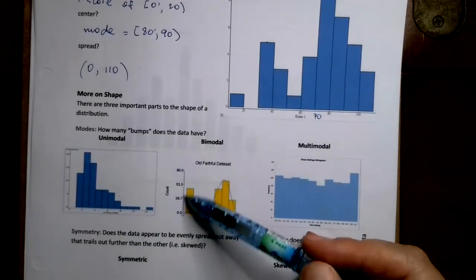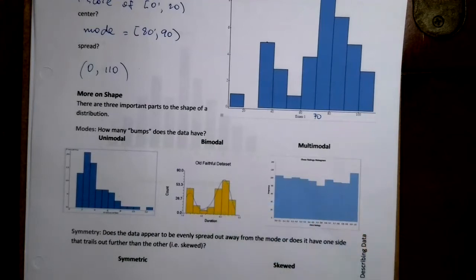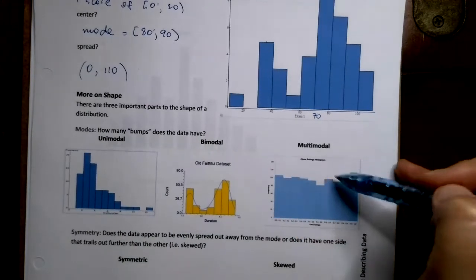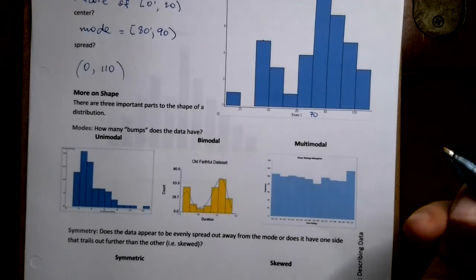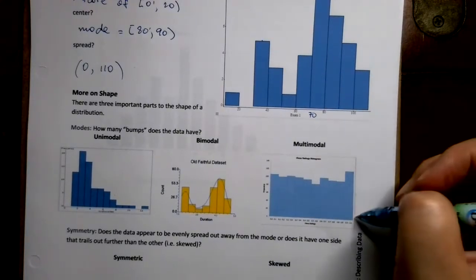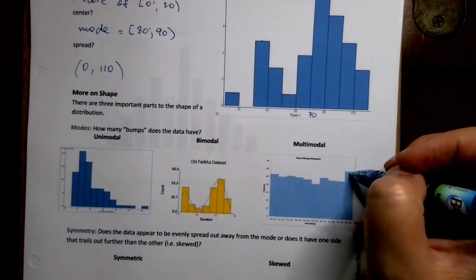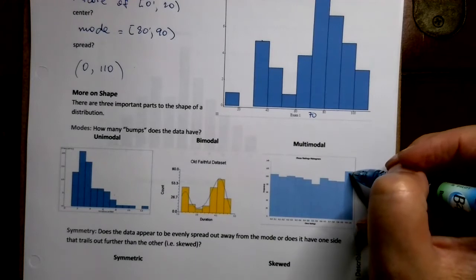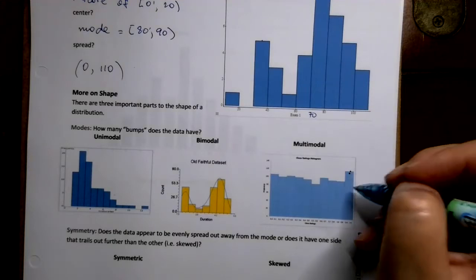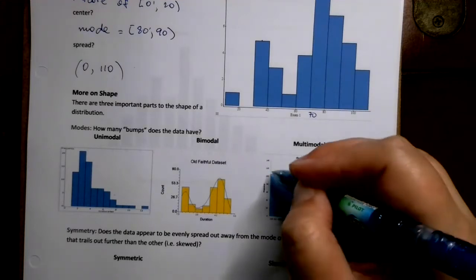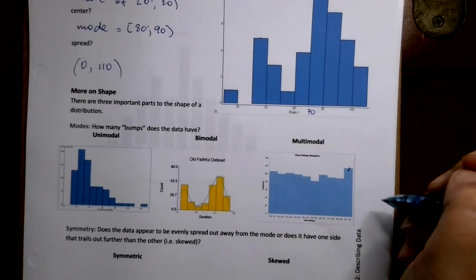And if it has two bumps like this, then it's going to be a bimodal distribution. And then when we don't have any pronounced peaks, even though this bar is taller than the rest of the bars, technically, if I ask you for the mode, you are going to say that this is the mode of the distribution. But actually, all of the other bars are pretty close to it.